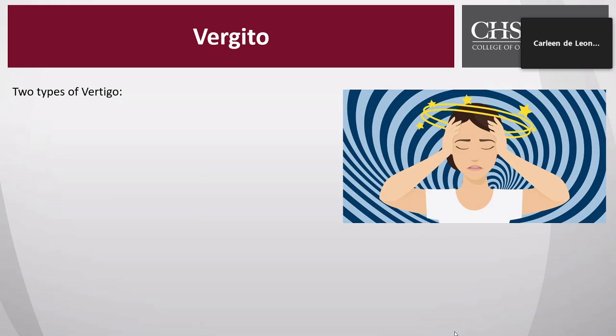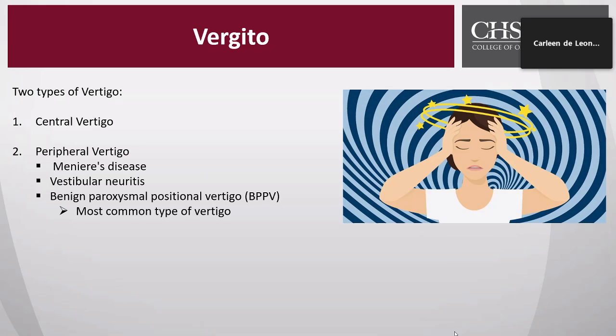The two types we're going to talk about are central vertigo and peripheral vertigo, which has a few categories that fall underneath it. So there's Meniere's disease, vestibular neuritis, and benign paroxysmal positional vertigo, or BPPV, which is the most common one that people get. Is that what you've had before?